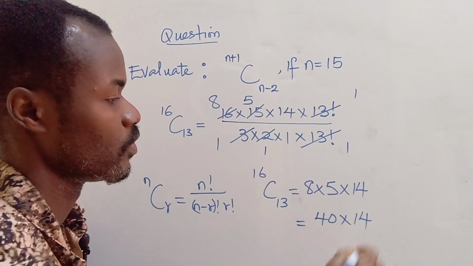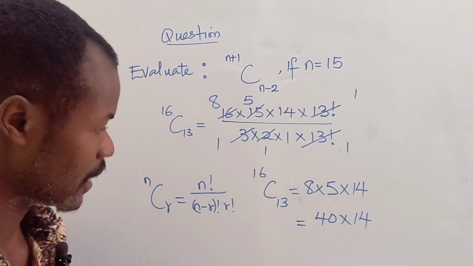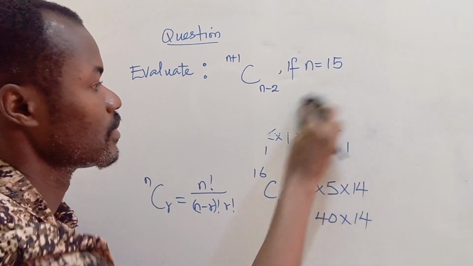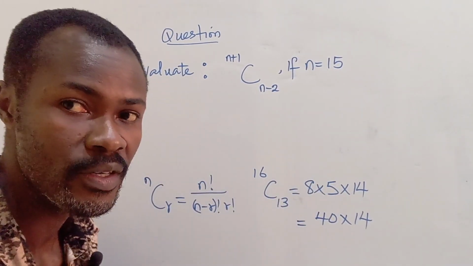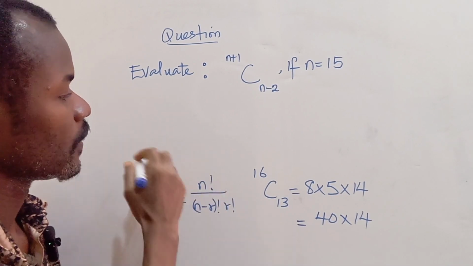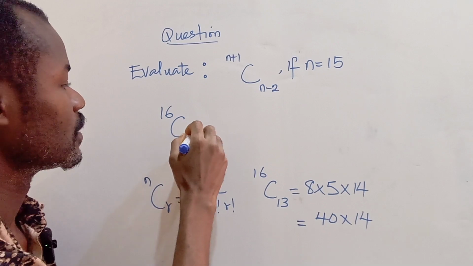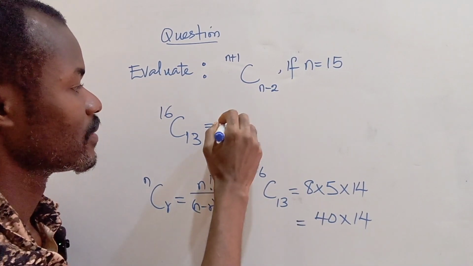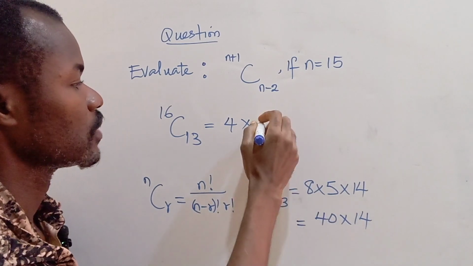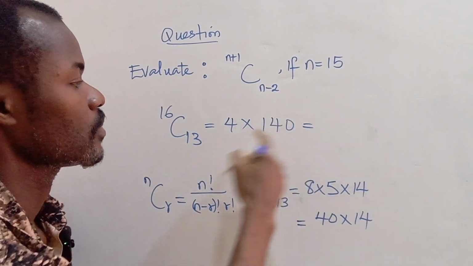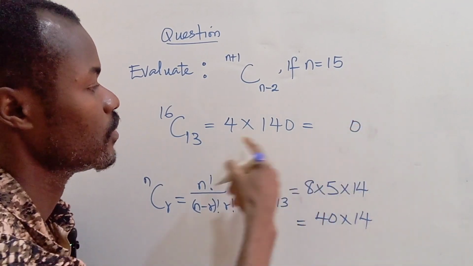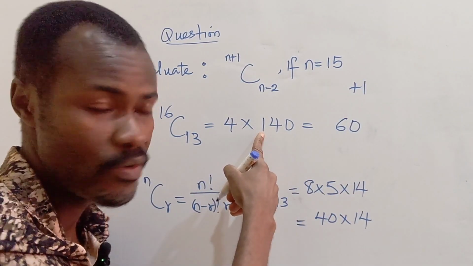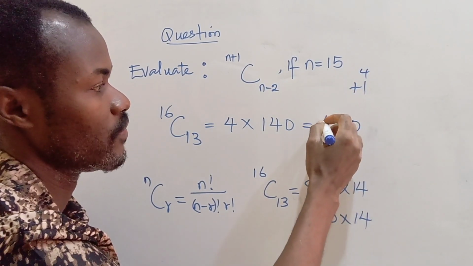So times 14. Let's quickly solve 40 times 14 to see what that gives us. So 16 combination 13 is 40 times 14, which we can still write as 4 times 140. 4 times 0 is 0. 4 times 4 is 16, so carry 1. 4 times 1 is 4, add the 1 to this is 5.